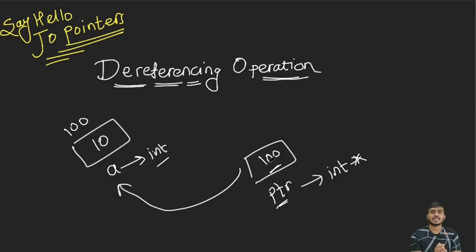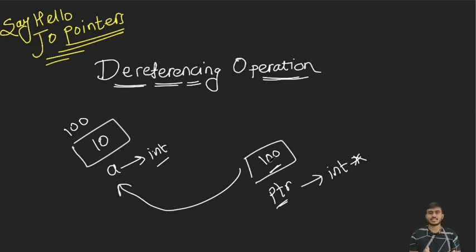So with this address, 100, we can reach the memory location which has the address 100, and on that memory location we can perform some operations like getting the data which is present at that memory location, or changing the data which is present at that memory location. And this is done with the help of the dereferencing operator, right?